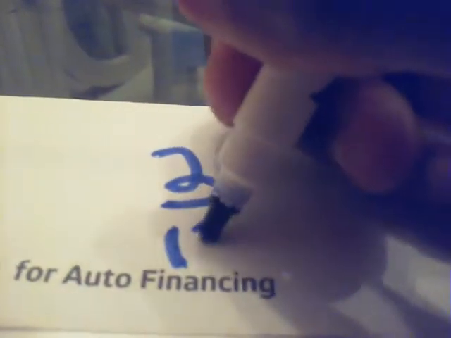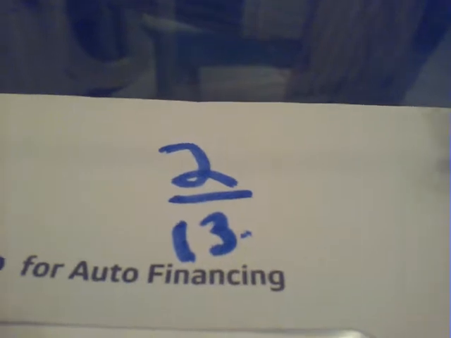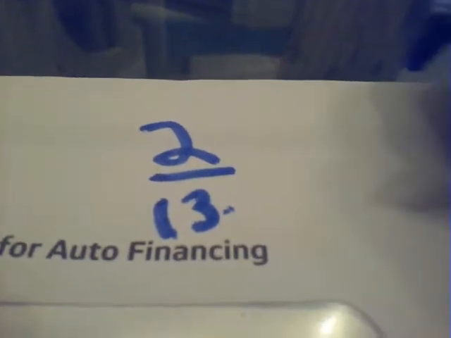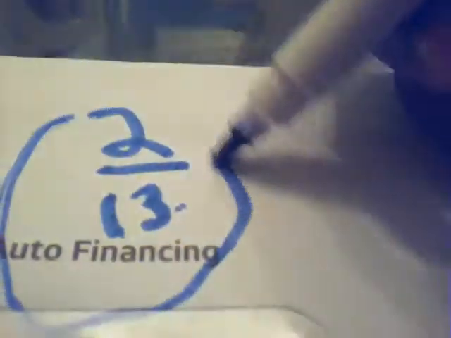Another one we can do is 2/9. You're right. 2/13. Although 13 is a prime number, so we can only divide it by nothing, because this is the simplest form.